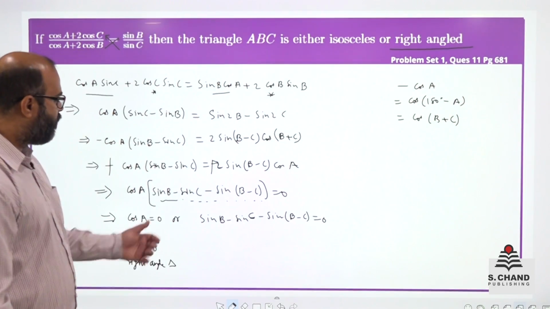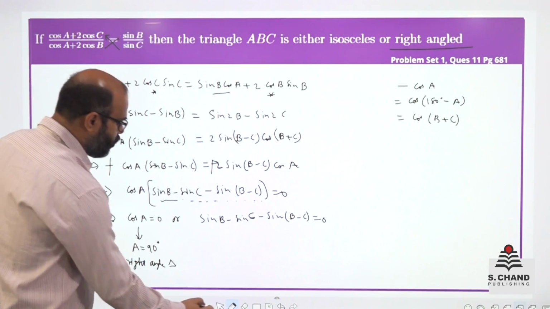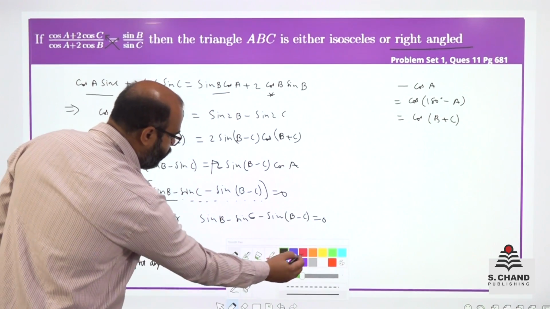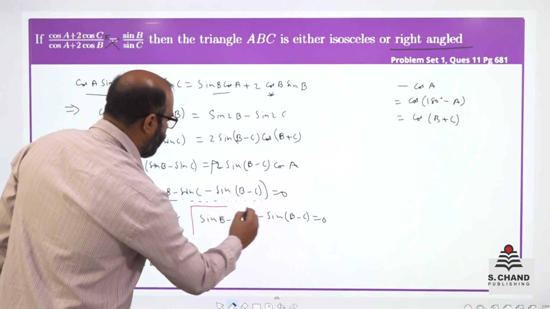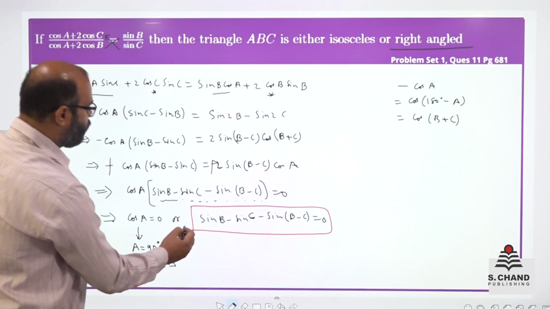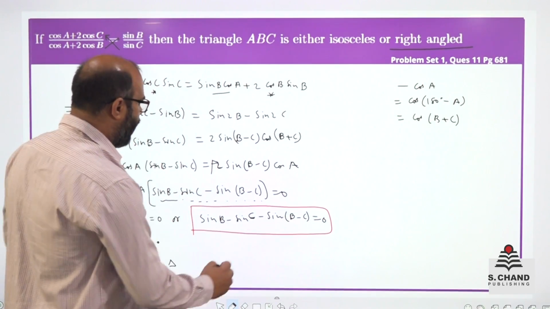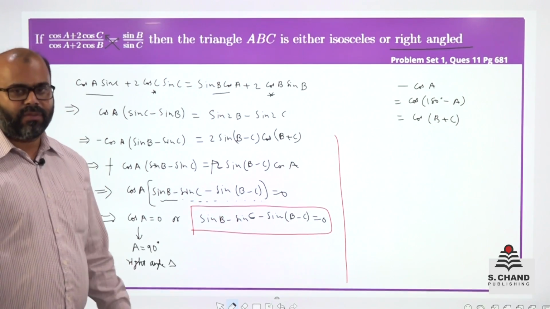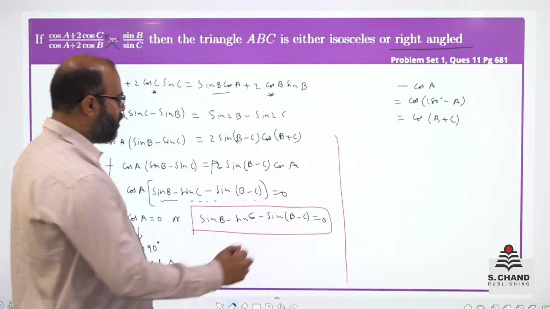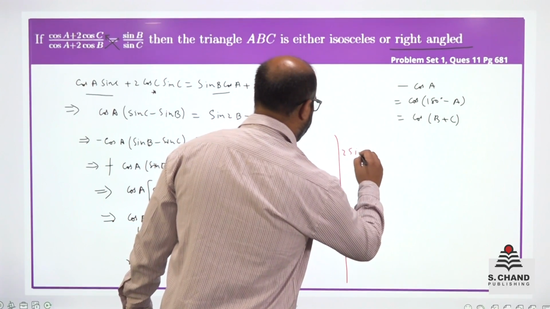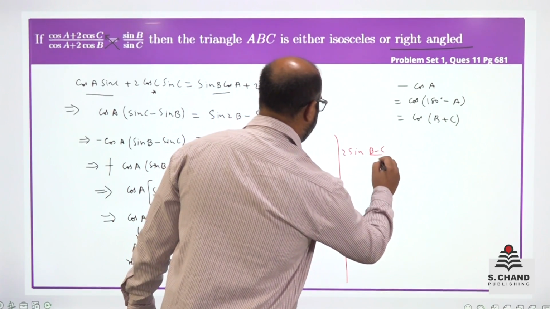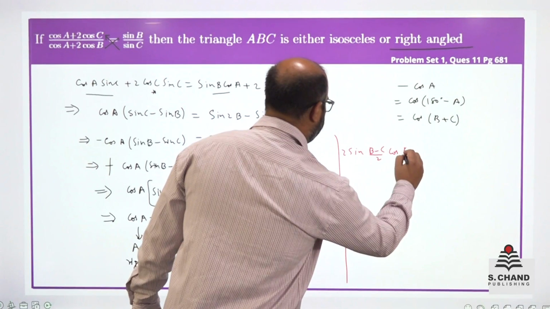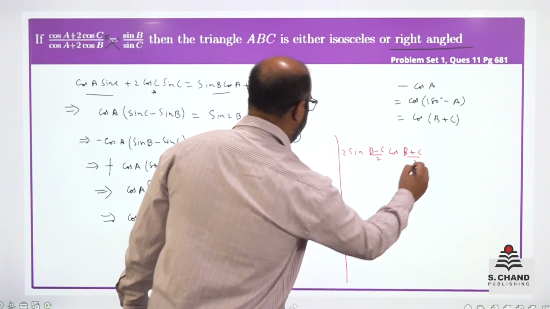Now another thing which we have to prove from this condition is that this is isosceles. So let us try to prove that also from here. So here we apply the formula sin C minus sin D. So that will become 2 sin (C minus D)/2 into cos (C plus D)/2.